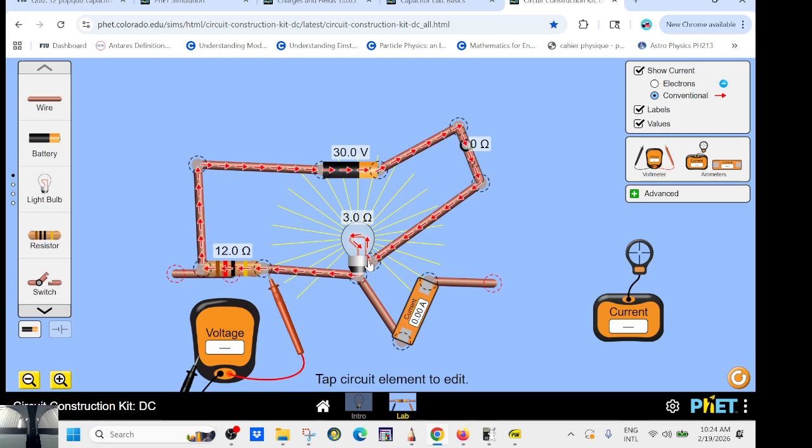If this way is going to be much easier, most of the current will go through here. And you see this is not even working anymore. That's called a short, and if you do that, you blow a fuse. Then someone has to take a screwdriver and change the fuse, which is very annoying.